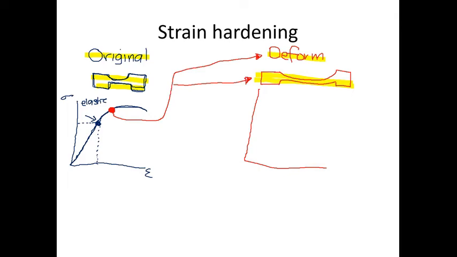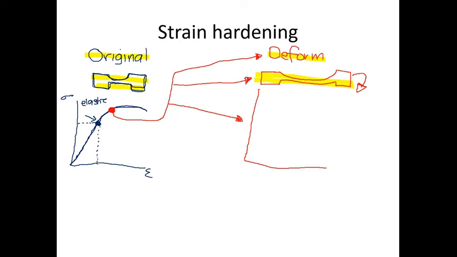Apart from being longer, the material is still intact, which means it can still be used. Then at this point we also run the stress and strain experiment again, running another experiment on the plastic deformation sample.